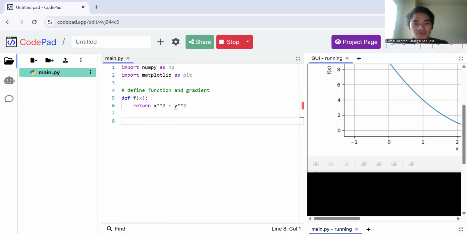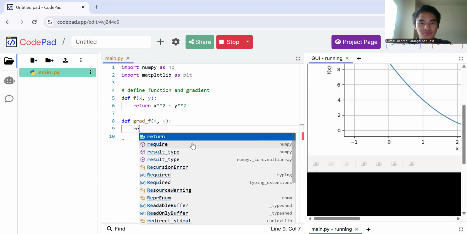Now you might be asking, where in the world is my y? Because I have it in one variable and two. And what's my gradient? Well, again, that's just going to be the gradient of the function. So grad f, we have two variables x, y.